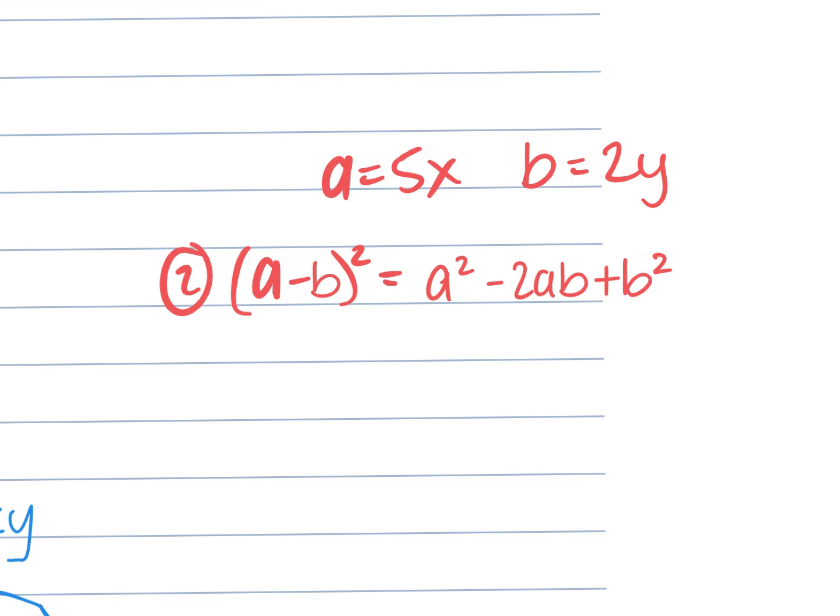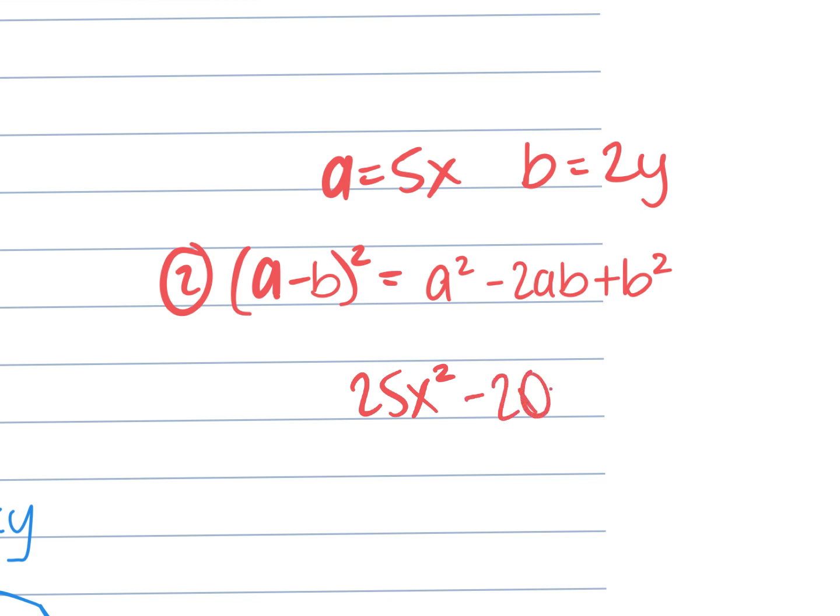All right, so plug it in. Take 5x and square it. What's 5x times 5x? 25x to the second. Don't forget that power. What's negative 2 times 5x times 2y?